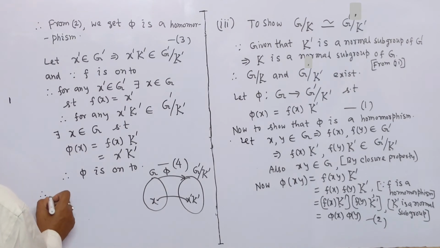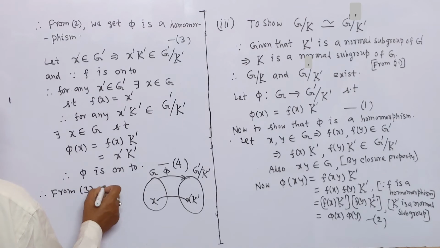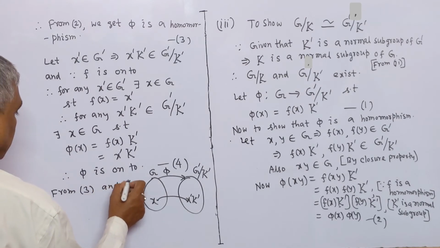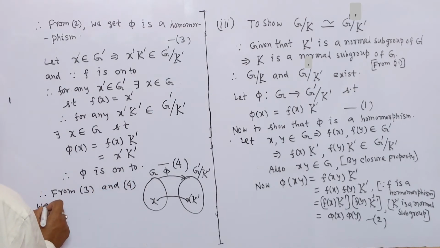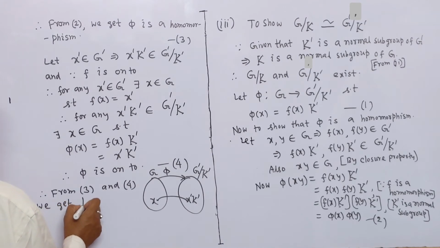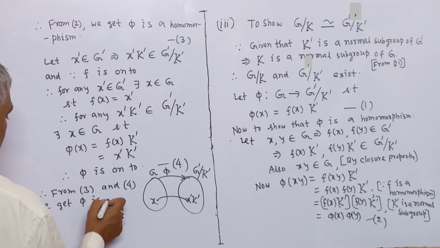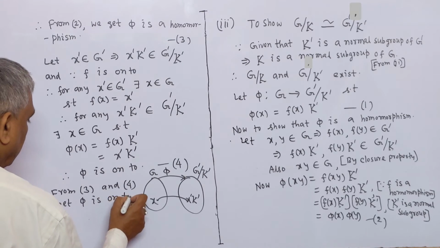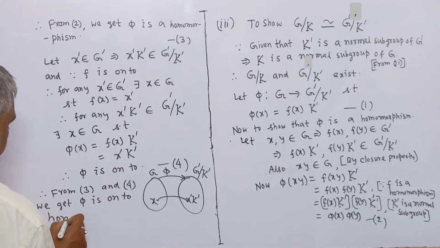Therefore, from 3 and 4 we get phi is an onto homomorphism.